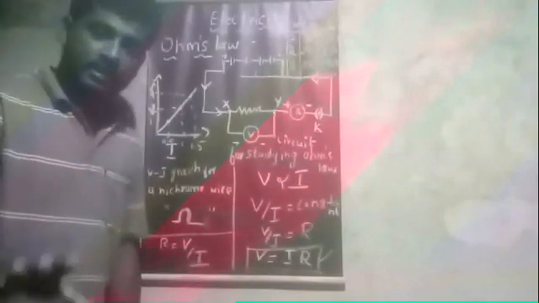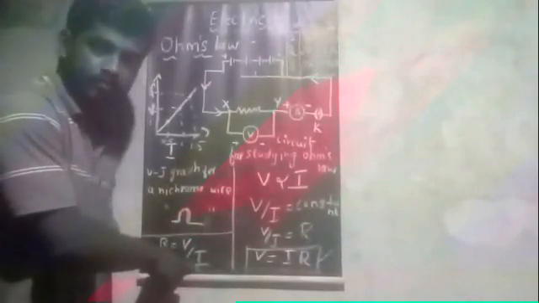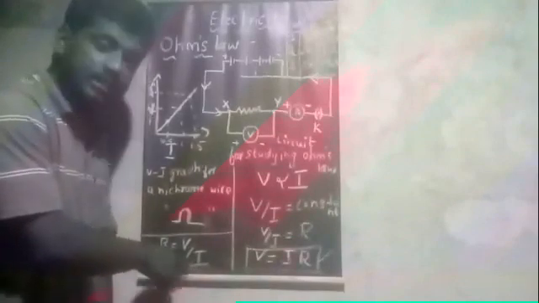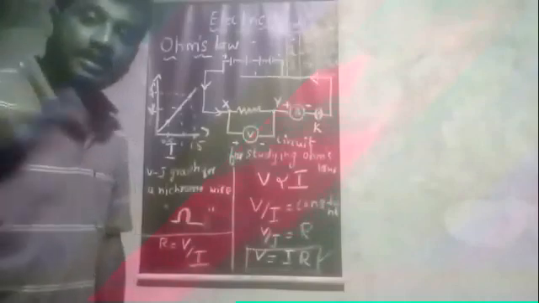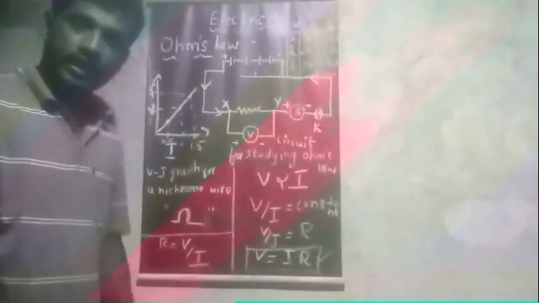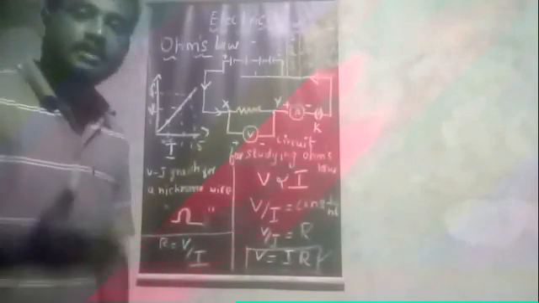Next, from this formula we can get R is inversely proportional to I. So resistance is inversely proportional to current. Suppose if I double the resistance, the current gets halved. Similarly if I double the current, then the resistance gets halved. That is the relationship between resistance and current.